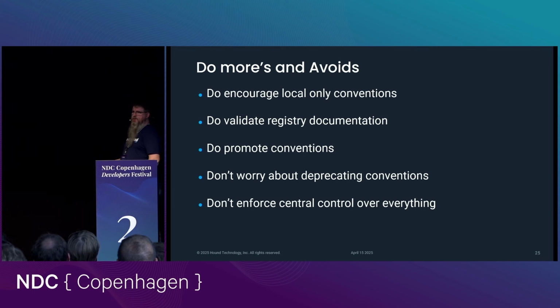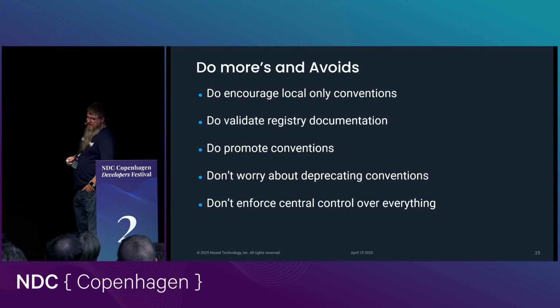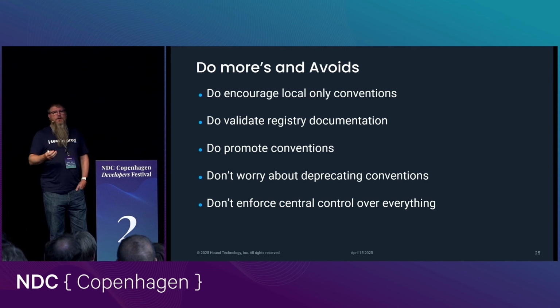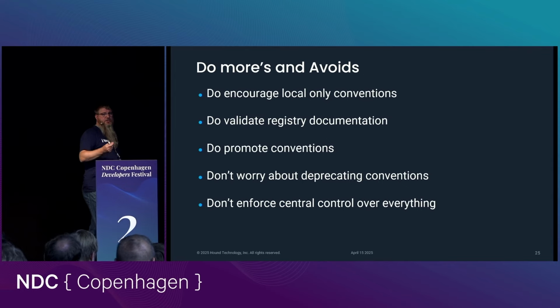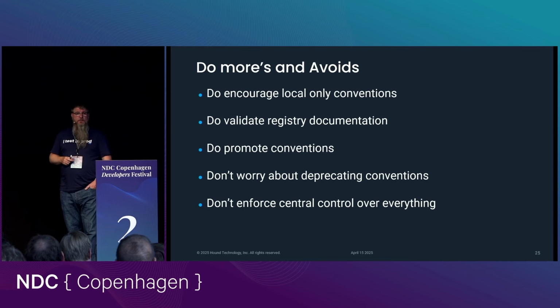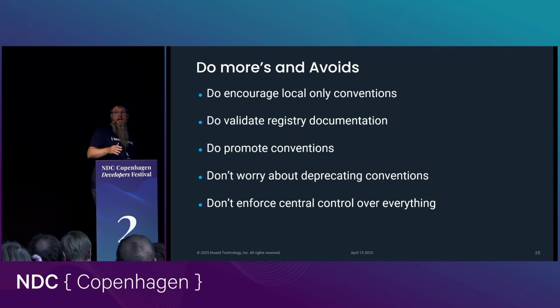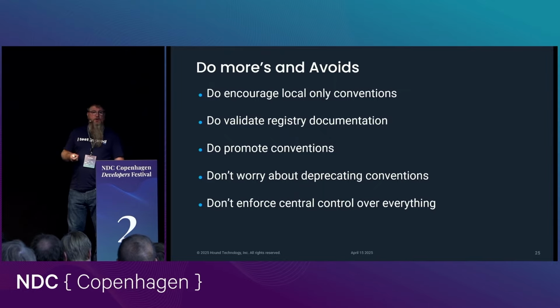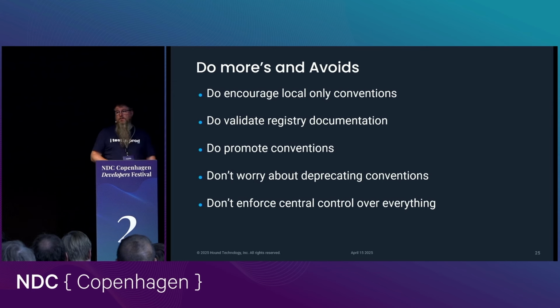Now, one last AI mention before I leave you. One of the really cool things that we can do with this, because we're generating these registry documents, and because we're using Weaver to do this, if you've already got an application, and that application has a ton of random attributes all over the place, and you're using something like Claude or Copilot, you can just run your application, ask Weaver to output a list of everything that isn't documented.